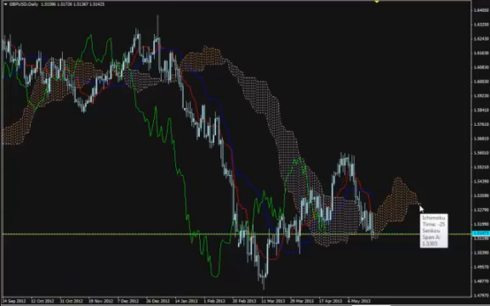So things look bearish here, although Chikou Span is below past price action but inside the Kumo, which makes this signal weaker.